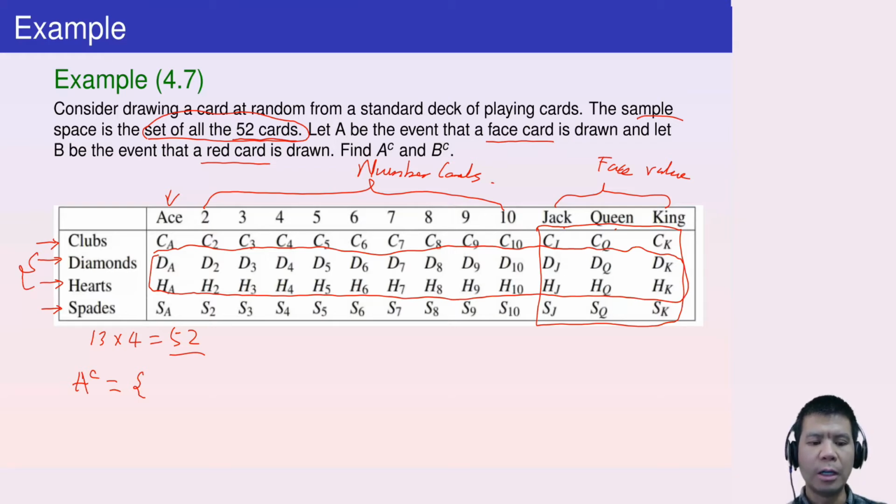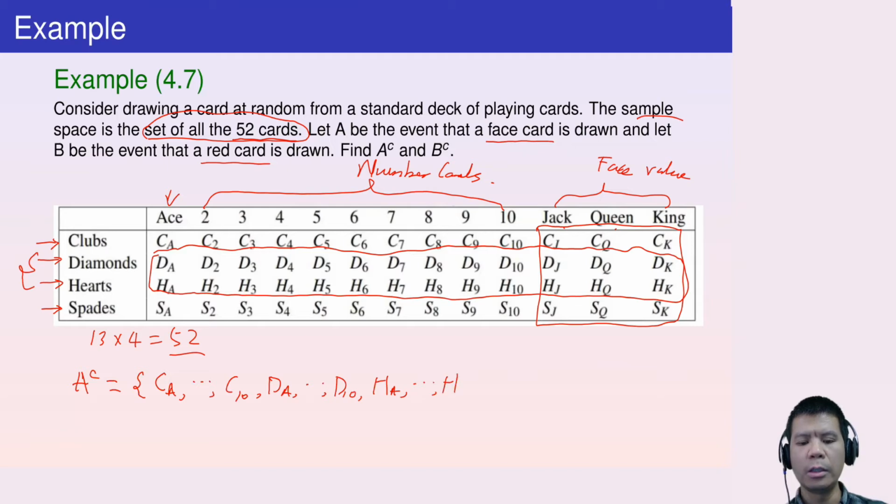So that is what? You can have clubs: club ace through club 10. Similarly, we have diamond ace to diamond 10, heart ace through heart 10, and finally spade ace to spade 10.